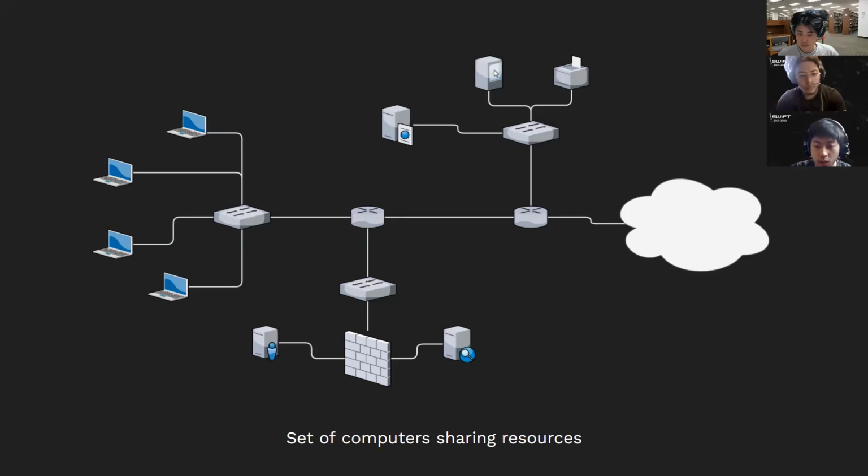But if you put that resource somewhere on the network where everyone can reach and access it, that makes collaboration over the network easier. So once again, it's good to think about networking as a way to share resources amongst computers or devices.